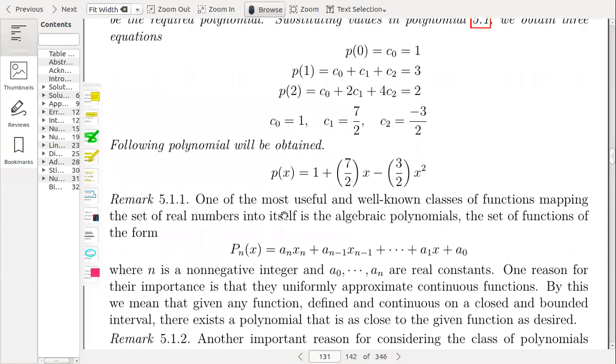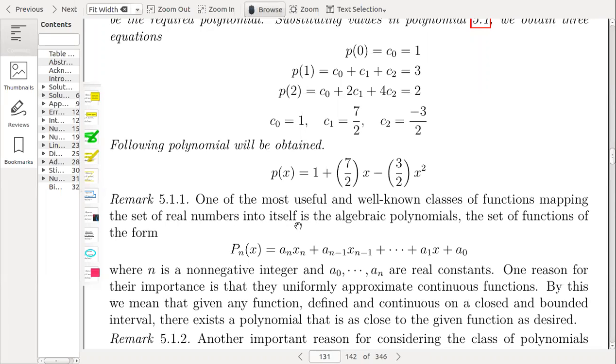One of the most useful and well-known classes of functions mapping the set of real numbers into itself is the algebraic polynomial.